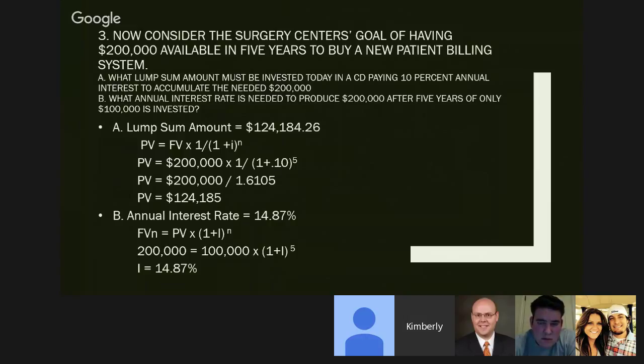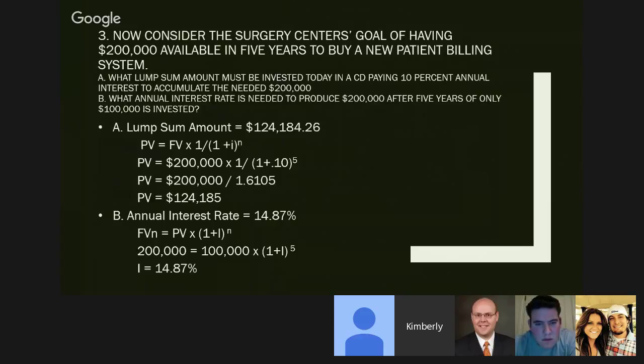Now it says to consider the surgery center's goal of having $200,000 available in 5 years to buy a new patient billing system. What lump sum amount must be invested today in a CD paying 10% annual interest to accumulate the needed $200,000?